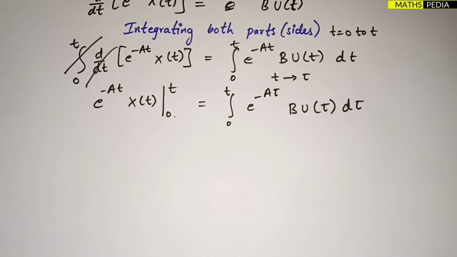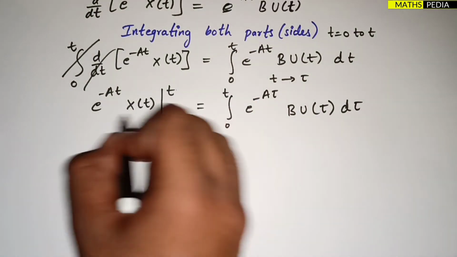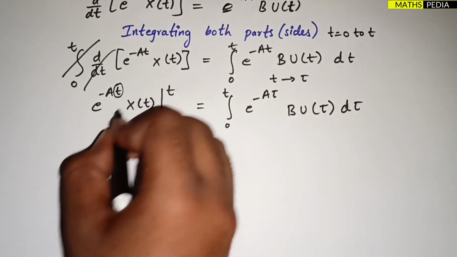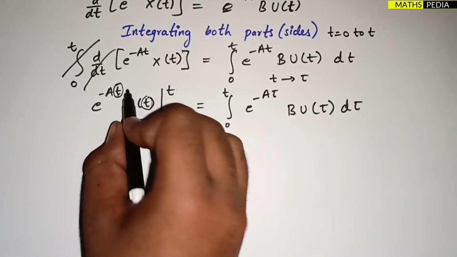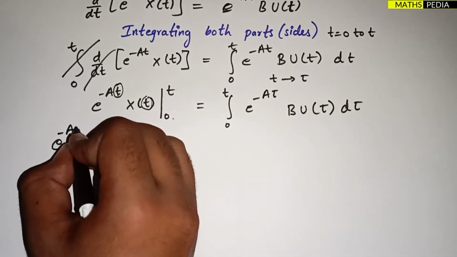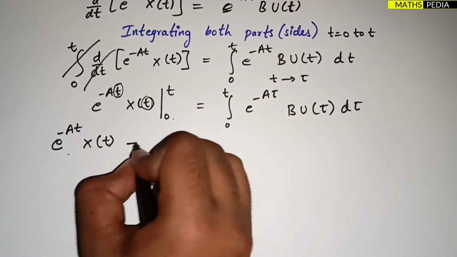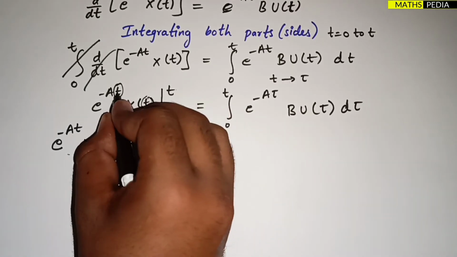Now the next step is that we have to simplify this part. Upper limit minus lower limit: in place of t you put the upper limit. So e power minus a t remains the same. Then minus the lower limit: in place of t you put 0.